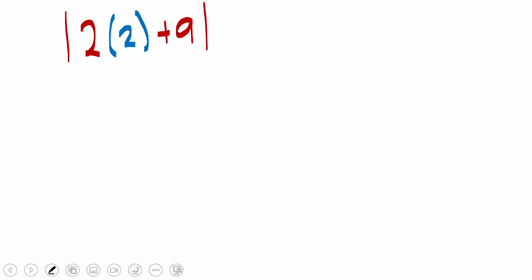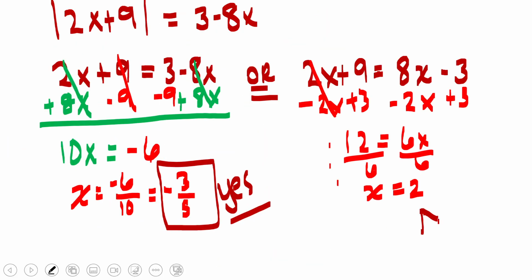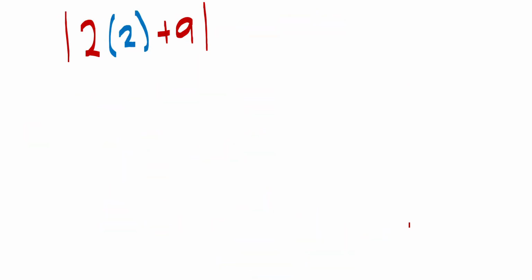So we have the absolute value of 2 times x plus 9. Our other solution to check for is 2 from here. And we're checking with 2 everywhere we see x.